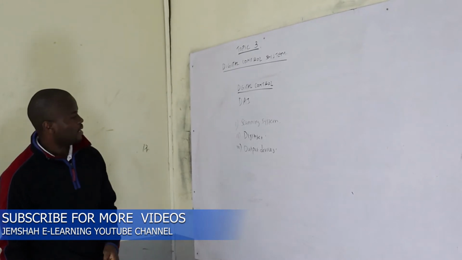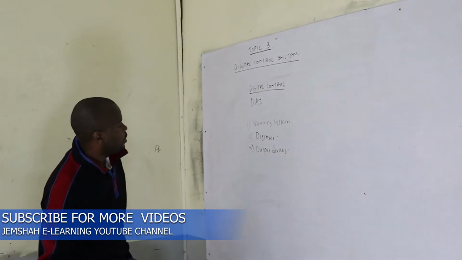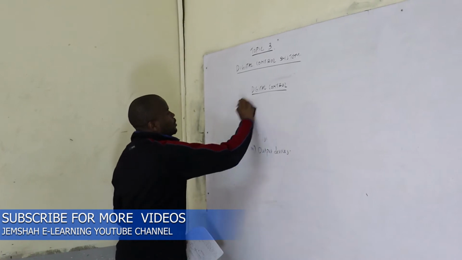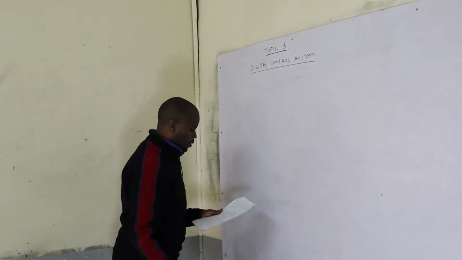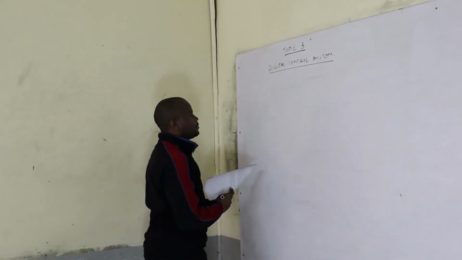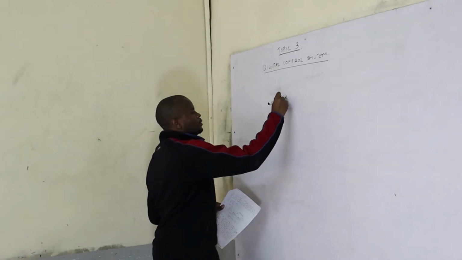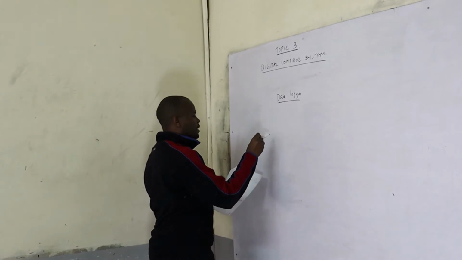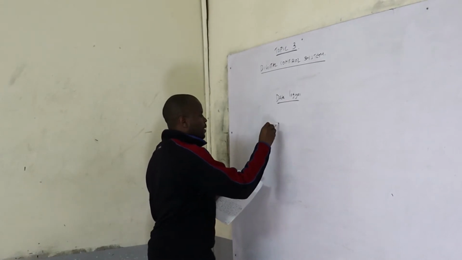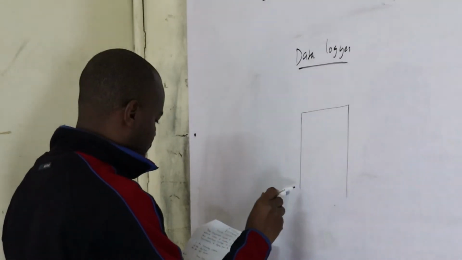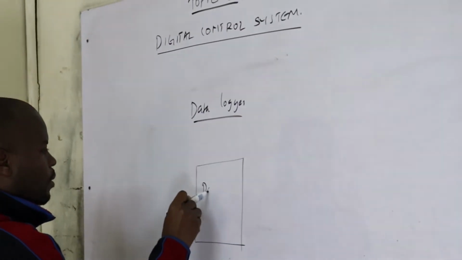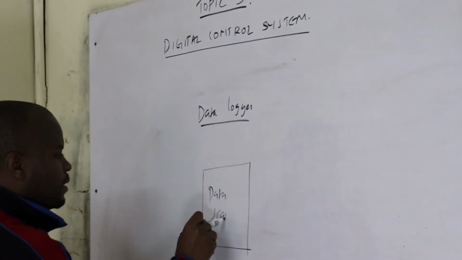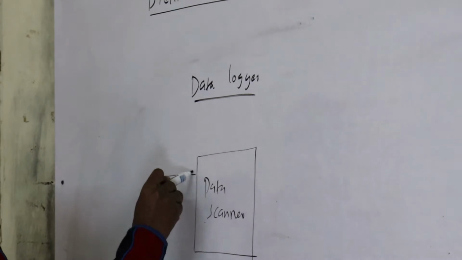Let's look at a simple diagram of a data logger, and then talk about how it works. This is a block diagram of a data logger. It comprises a data scanner, which has several inputs.